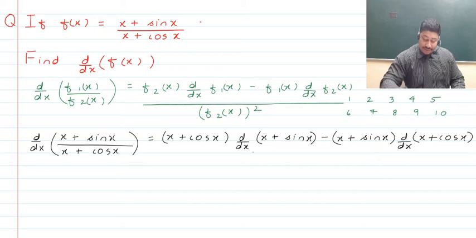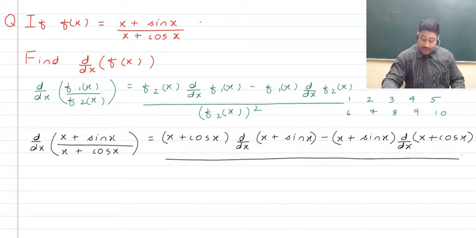And in the denominator children we have the square of the denominator, that is (x plus cos x) whole square.